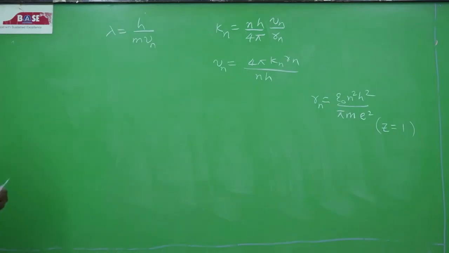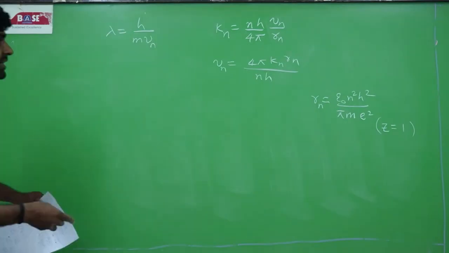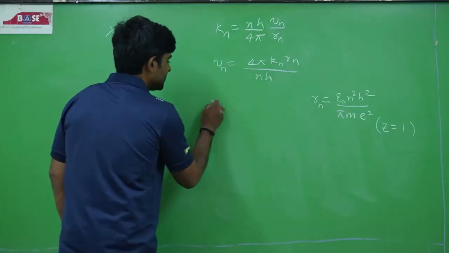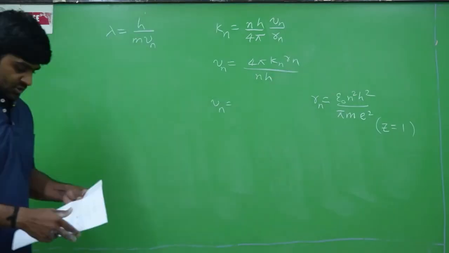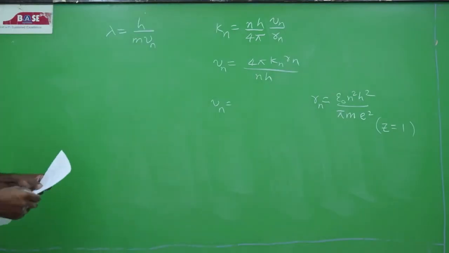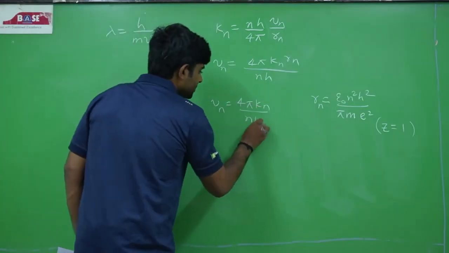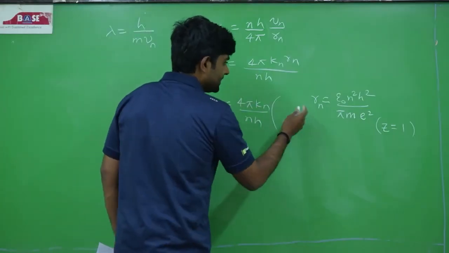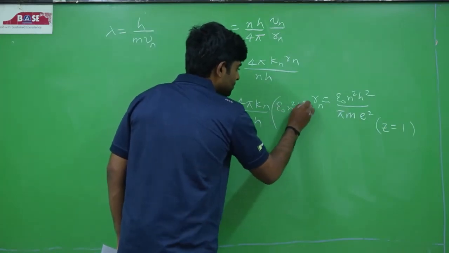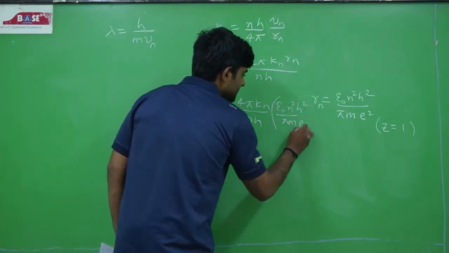Let's plug this information here and write the value of vn. As we write this, we'll get 4 pi Kn by nh, and Rn is epsilon naught n squared h squared by pi m e squared.